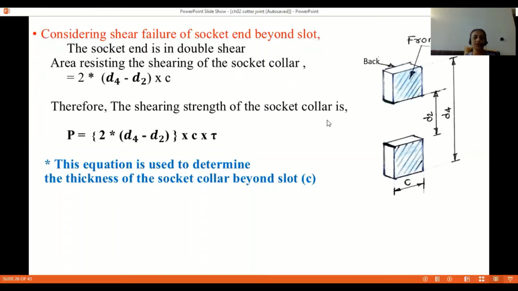So the shear strength of the socket collar is given by P is equal to 2 times (D4 minus D2) into c into tau. From this equation, we will find the thickness of the socket collar beyond the slot which will resist shear failure.